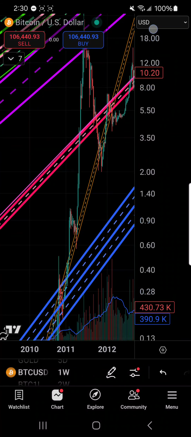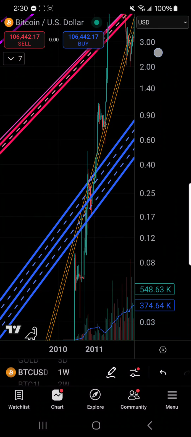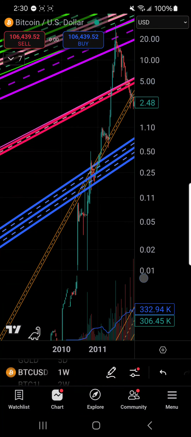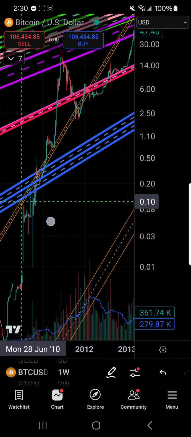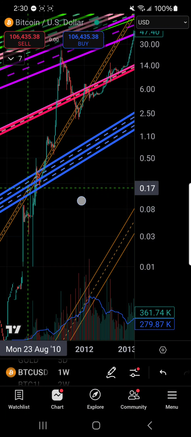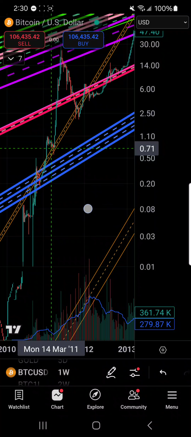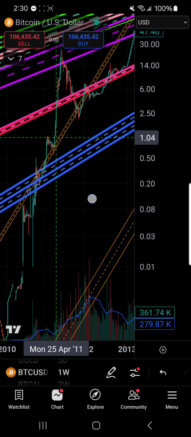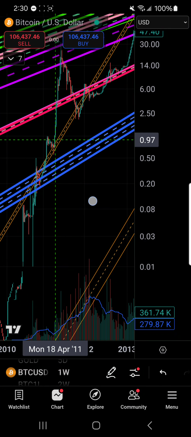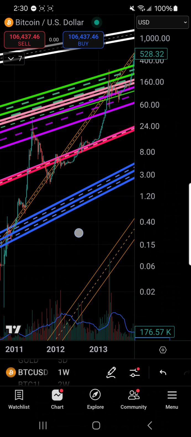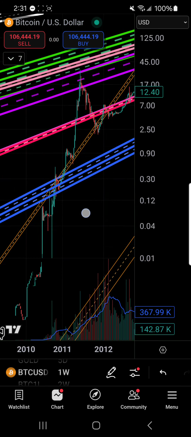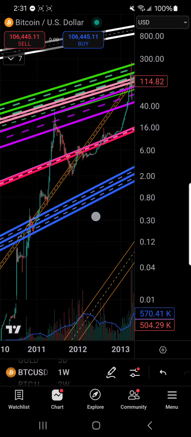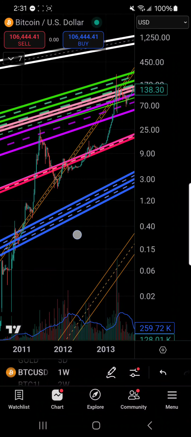So actually, that's funny because, oh my God, it pretty much captures the first part of Bitcoin's existence, from when Bitcoin was 10 cents here in July of 2010 to 2011, 2012, 2013, 3.5 years.